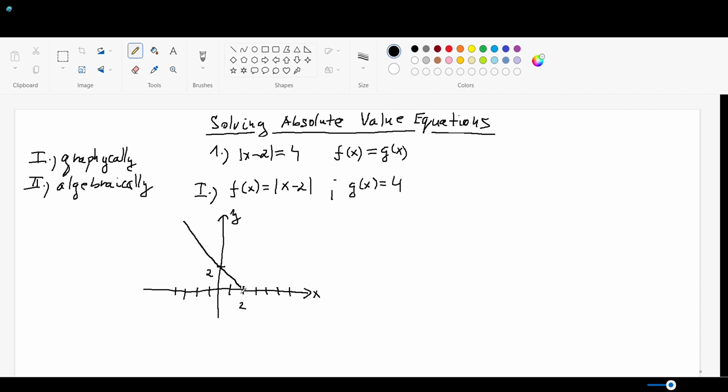So let's sketch the graph of our first function f, which looks something like this, and this is my f of x equals the absolute value of x take away 2. Now it's very easy, we can sketch the graph of g of x, which will pass through the point 4, which is approximately here. And the graph of our function is like this.